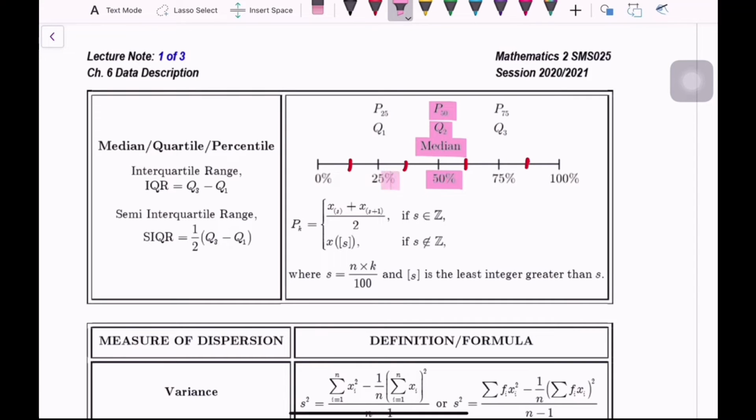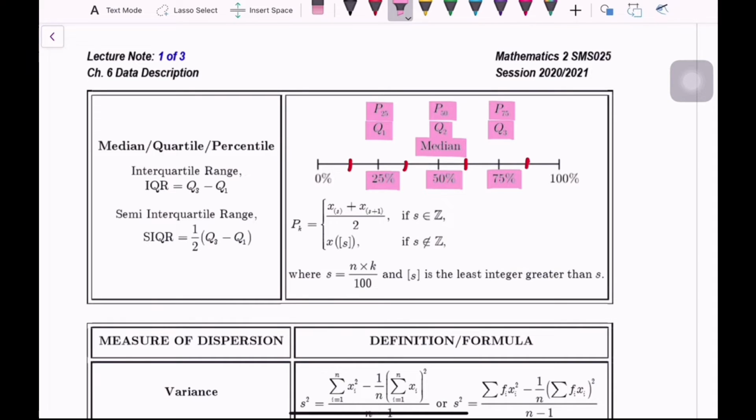For 25% of the data, this is the first quartile, and also the 25th percentile. For 75% of the data, this is the third quartile, and we call it the 75th percentile.